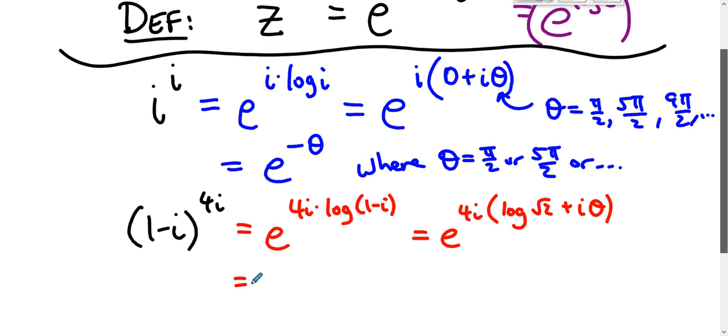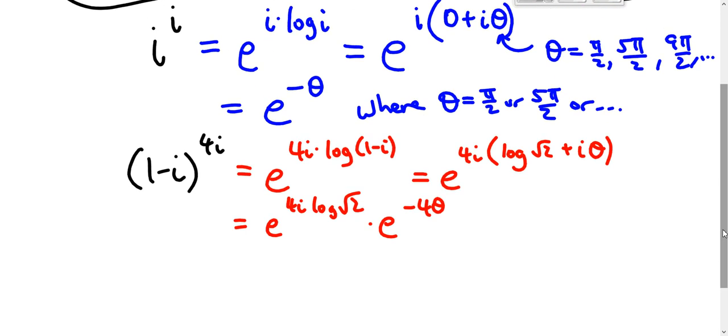Well, what's that? That's e to the 4i log root 2 times e to the -4 theta. Well, e to the log of radical 2 is radical 2, right?